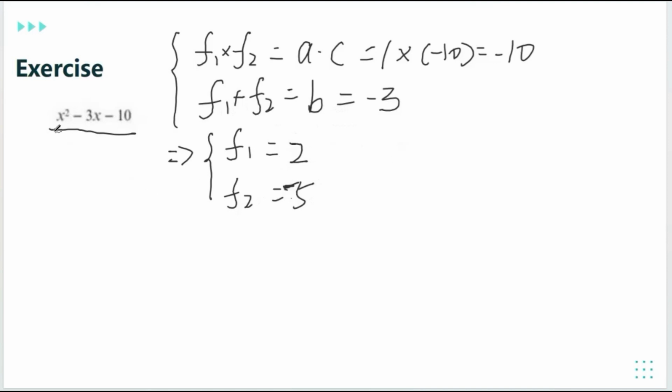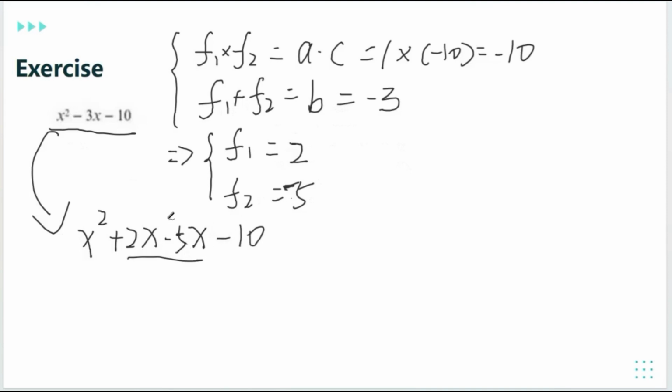So this expression can be simplified to x squared plus 2x minus 5x minus 10. Added together, this is minus 3x, right?